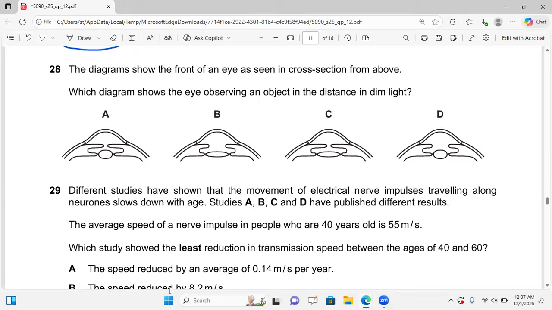When the lens is thickened, that is for short distance, when very close objects are observed. For the distance, this can be correct or this can be correct, but when the light is dim there should be no protection provided. So option B is correct, showing the cross section of the eye observing an object in the distance in dim light.